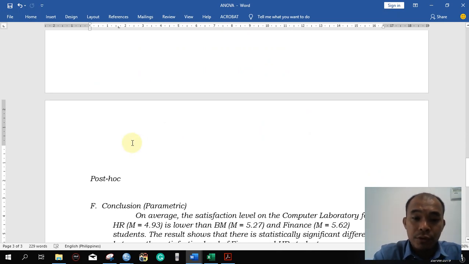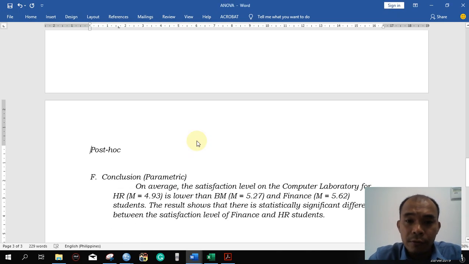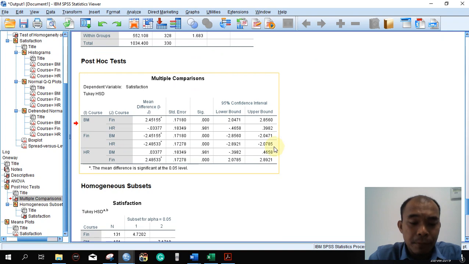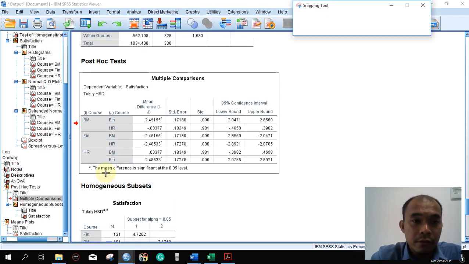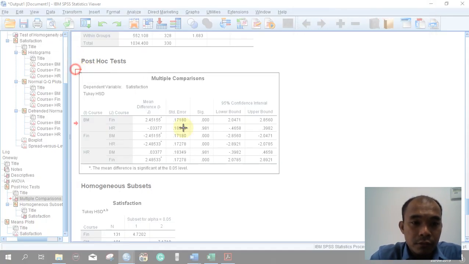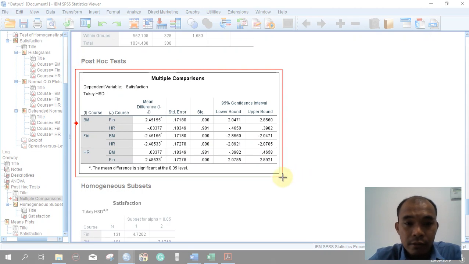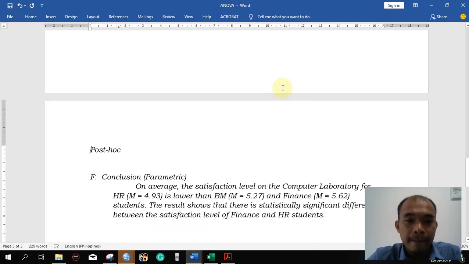So for the post hoc here, let's post the result. This is the post hoc analysis, and then new, copy this one, and then we will just paste it here.